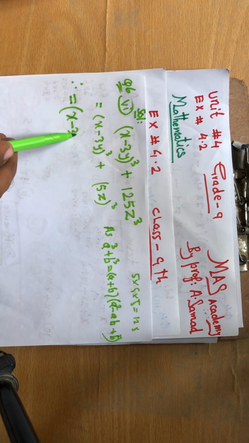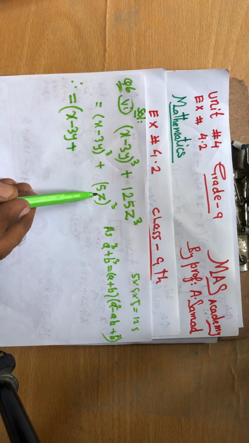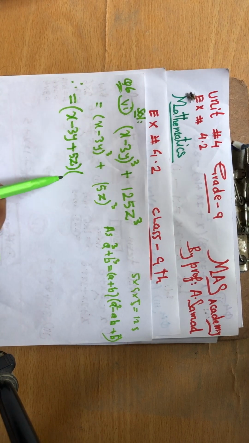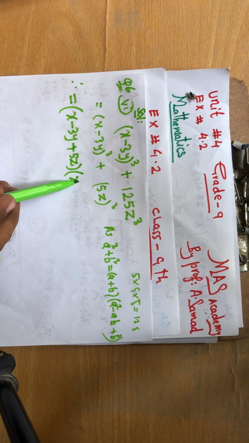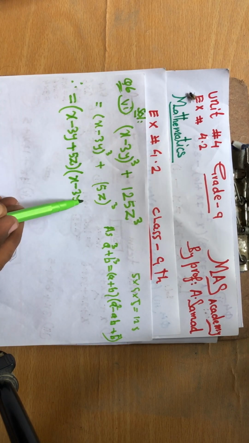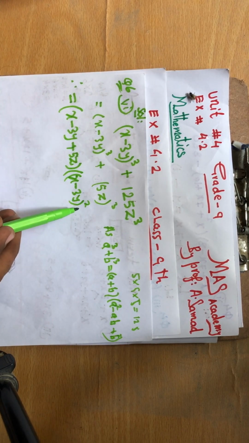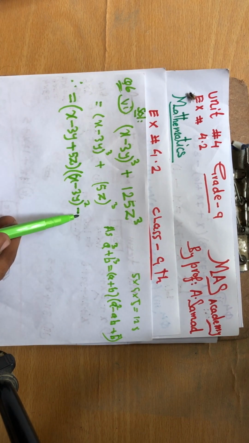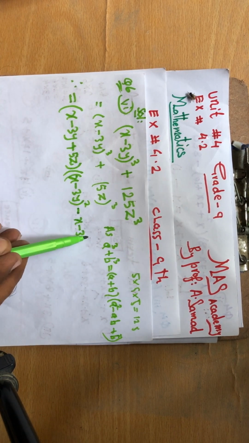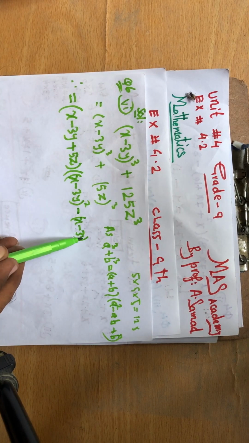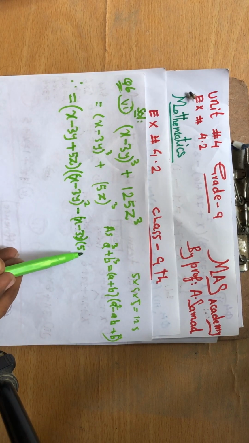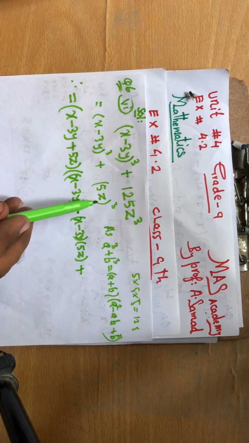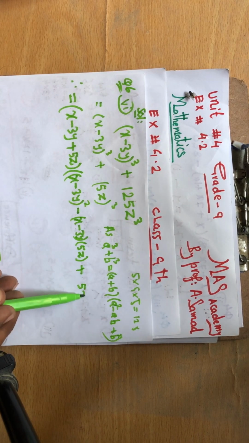A is x minus 3y, plus 5z which is b, into then we write a square: x minus 3y whole square is our a square, minus a which is x minus 3y, into b that is 5z, plus b square, it means 5z square.